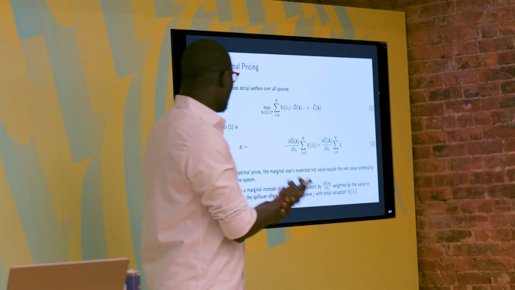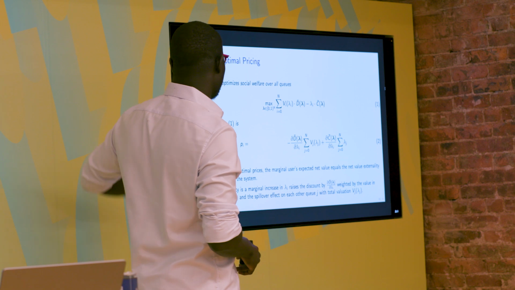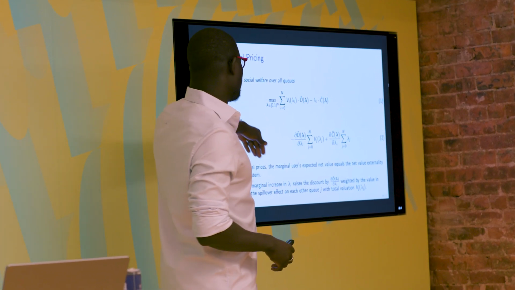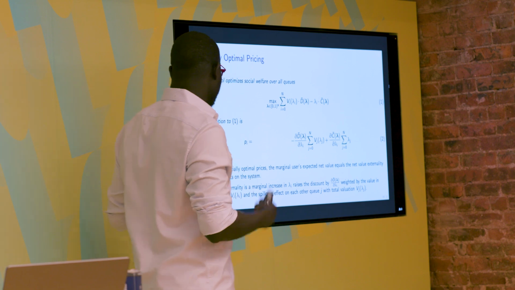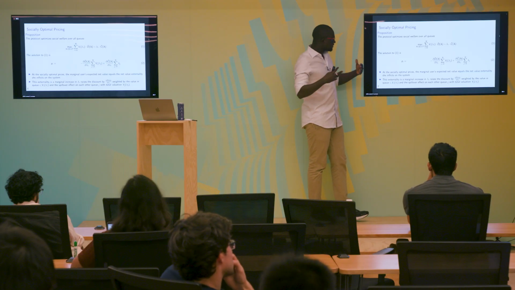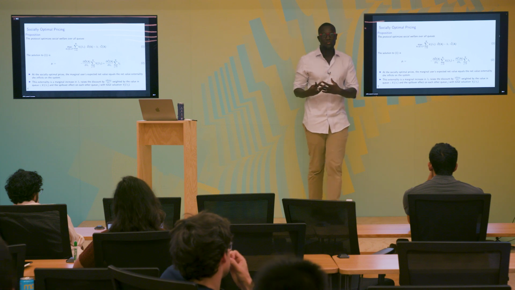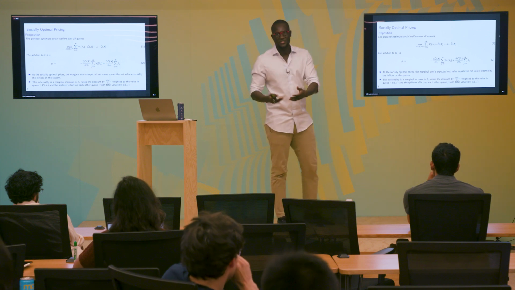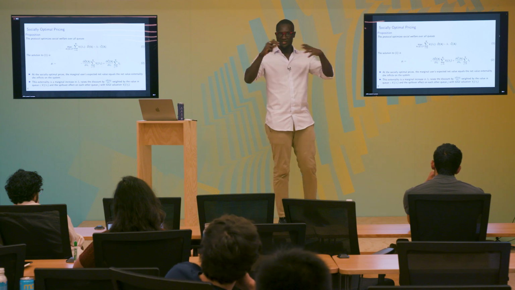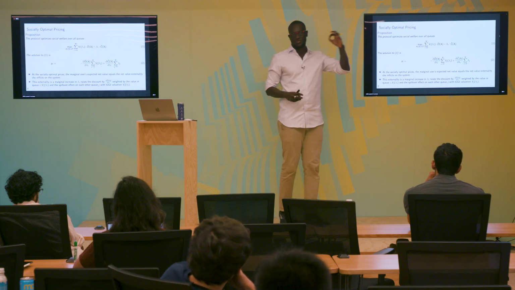What this solution says is that at the socially optimal prices, the marginal user's expected net value equals the net value externality she inflicts on the system. So if there were essentially no externality, the price would be essentially 0.